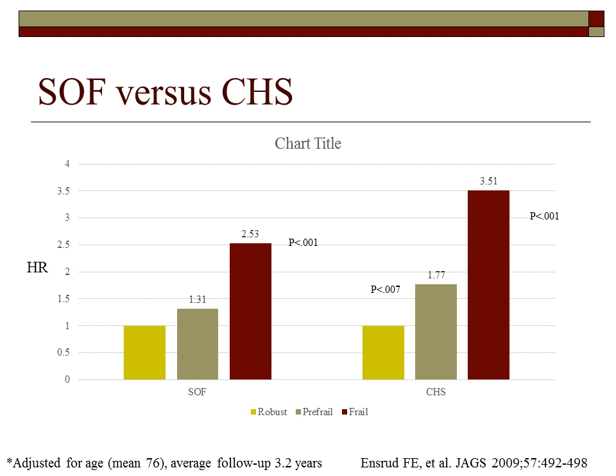The study of osteoporotic fracture scale for pre-frail was 1.3 times risk, but that was not statistically significant, whereas the CHS scale for pre-frail showed a 0.77 increased risk, and that was statistically significant.